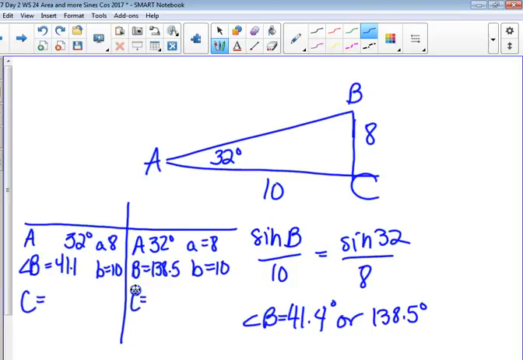You have two different values of C. 180 minus 41.1 and 32 leaves 106.9. Or 180 minus 32 and 138.5 leaves 9.5. Now, is that going to make two different values of side C? Yeah, because this side C is going to be a whole bunch longer than this side C, right? Okay. But did that review that concept for you of when there's two possible solutions and what you have to do to solve the triangle?